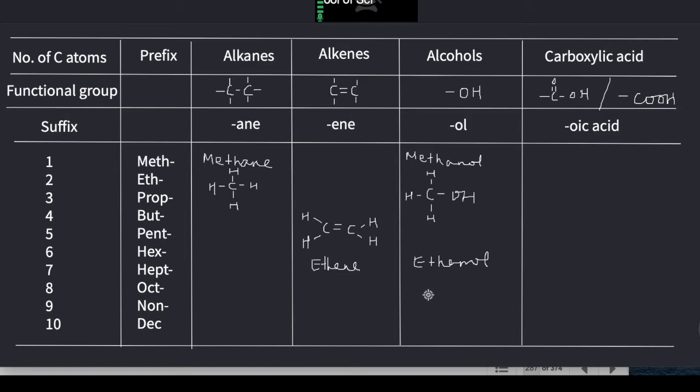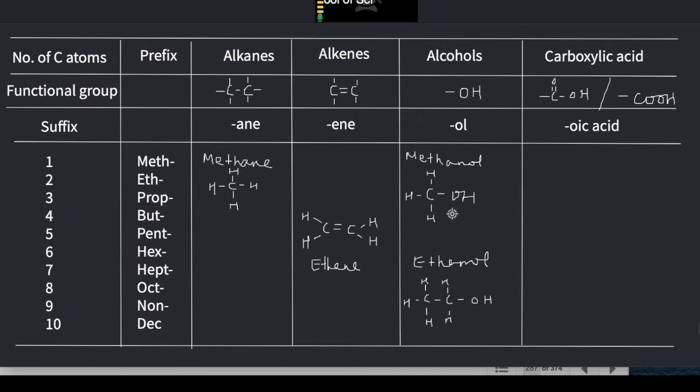And ethanol will be 2 carbons, and you have a functional group OH. And then the rest of the bonding will be with hydrogen atoms. So you write this way.